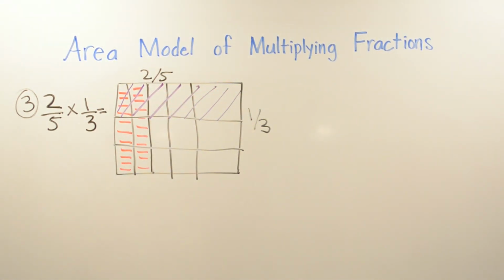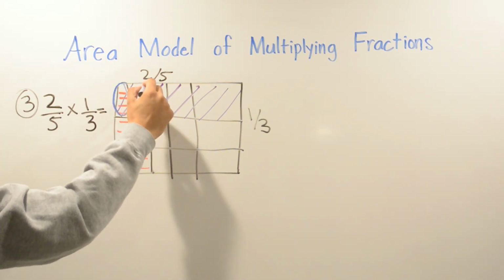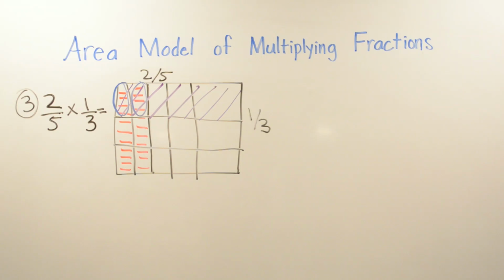After that, we're going to see how many sections overlap between 2/5 and 1/3. So we're going to go ahead and circle. You see there is 1 and 2. There's no more overlaps other than that.